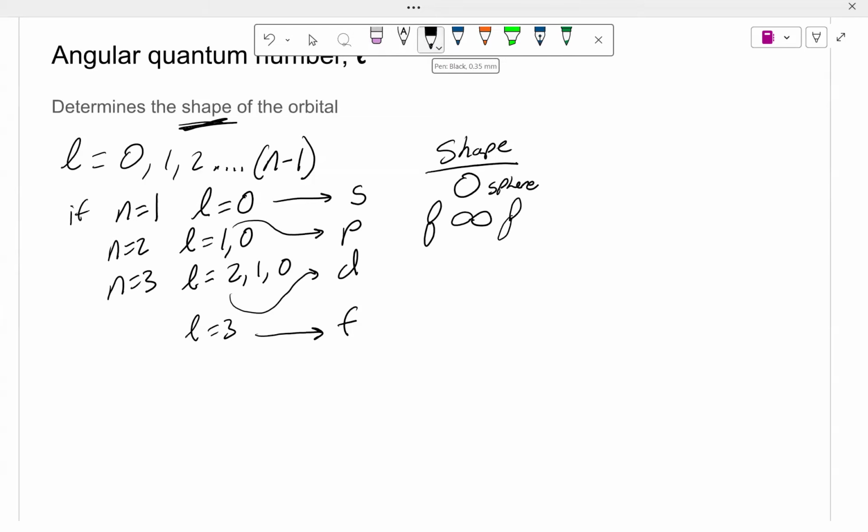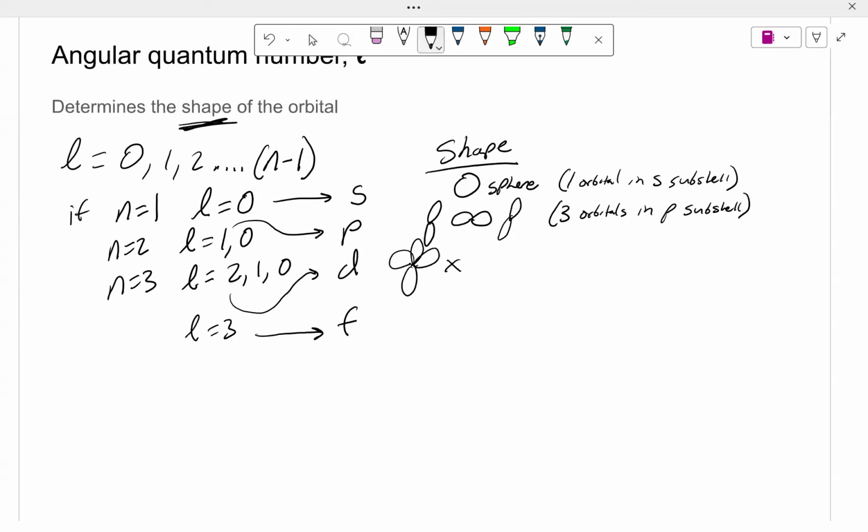Now notice that for S, there's only one orbital in what we call the S subshell. There are 3 orbitals in the P subshell. Now the D orbitals kind of look like a 4-leaf clover, and I'm not the best at drawing that.